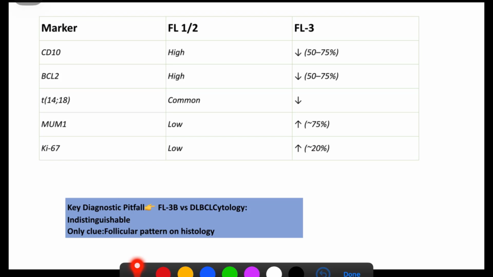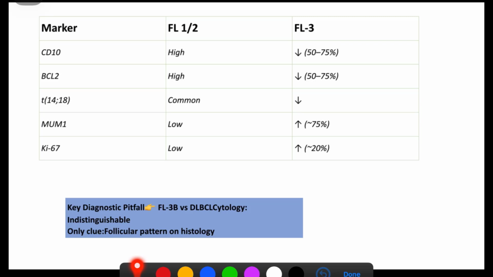Here t(14;18) is commonly associated with follicular lymphoma grade 1 and 2, but it has less association with follicular lymphoma grade 3. So a key diagnostic pitfall is how to differentiate follicular lymphoma grade 3B from DLBCL.